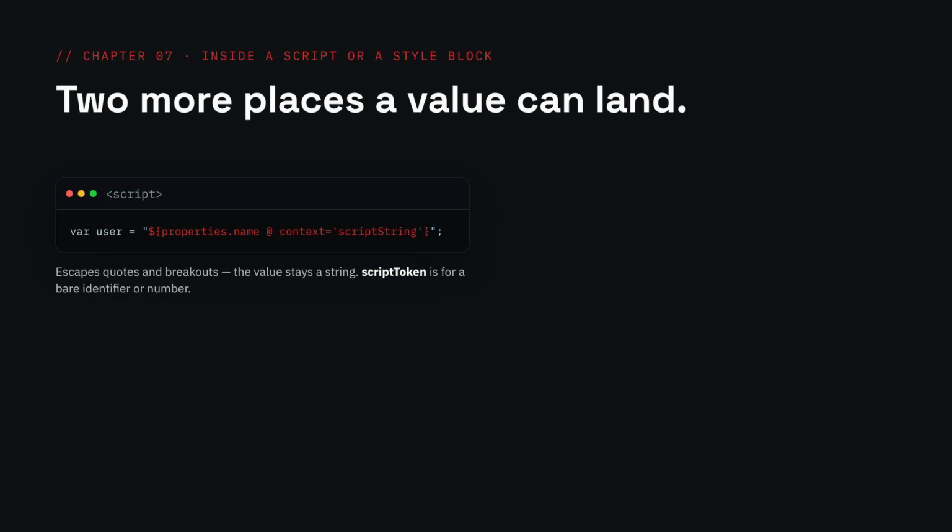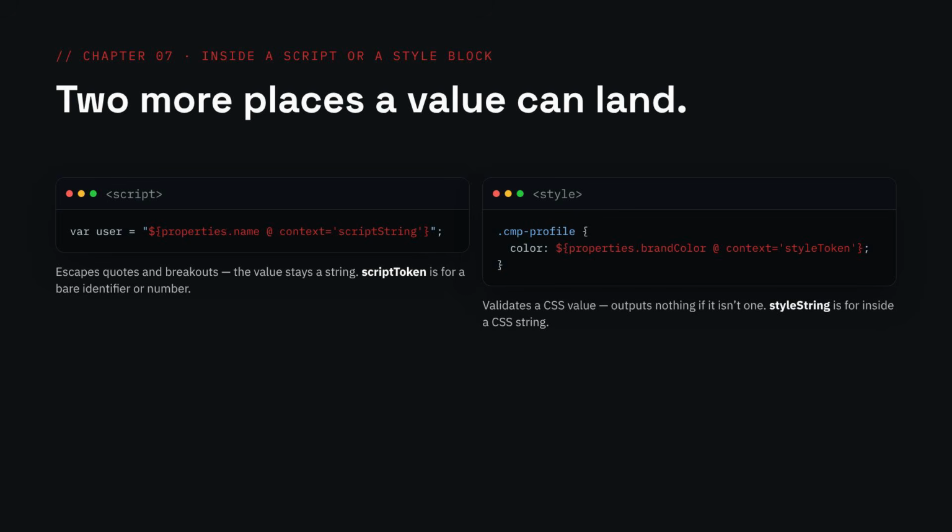Its partner script token is used when the value is a JavaScript token such as a variable name or number. Now inside a style block, style token validates that the value is a valid CSS value such as a color, size or keyword. If the value isn't valid, HTL outputs nothing. Style string is used when the value is inside a CSS string.